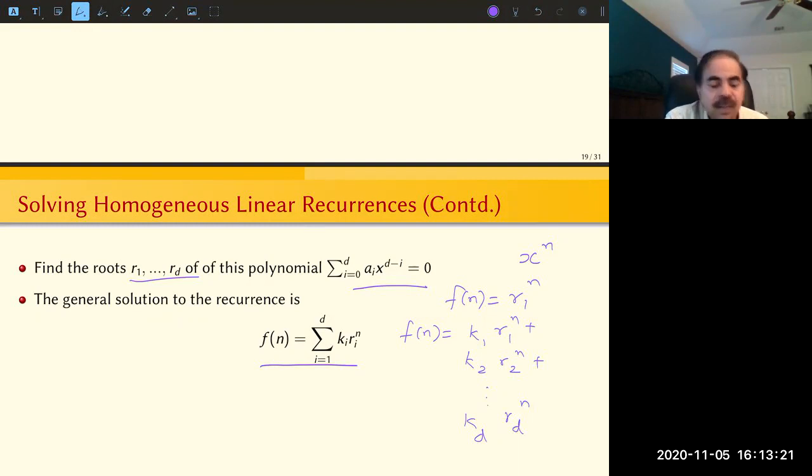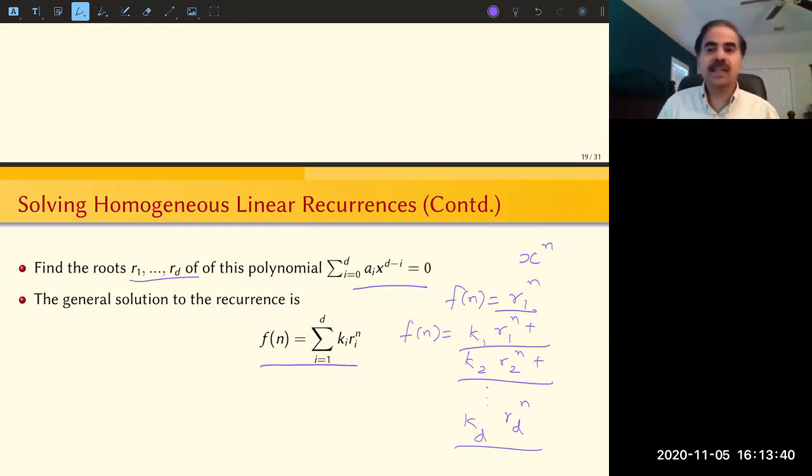You don't have to worry about why this is the case. It's a property of linear recurrences that you can take solutions like this and combine them linearly, and the solution just works. You just take it as given that this is the process you use for solving linear recurrences.